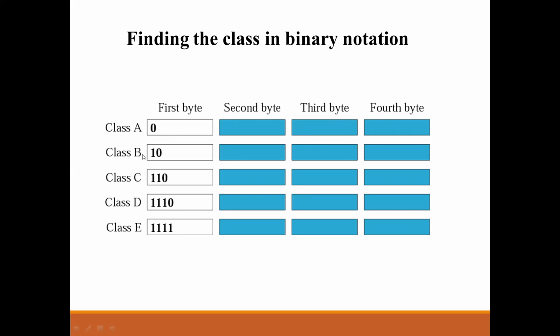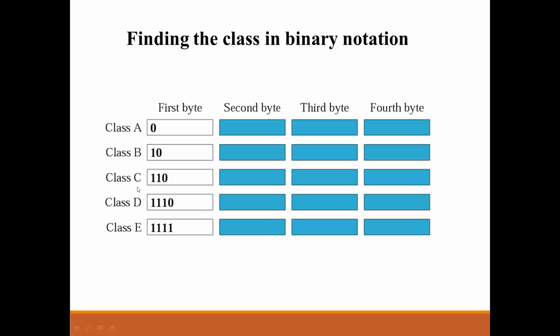Then the 5 classes are represented: class A, B, C, D, and E. In the first byte, if the first bit is 0, that is class A. In class B, if the first 2 bits are 1 and 0, then it is class B. In class C, the starting bits of the first byte are 1, 1, 0.